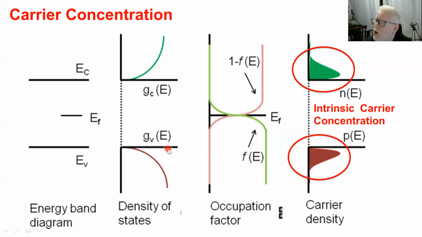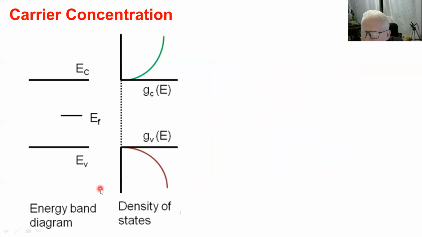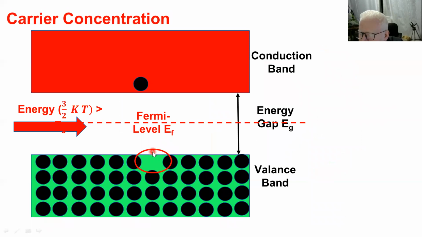Both are carriers. Those carriers are automatically excited from the valency band to the conduction band due to the thermal energy, without any external sources, and we call them the intrinsic carrier concentration. So what is intrinsic carrier concentration? It is simply these electrons that have been excited from the valency band to the conduction band due to the existence of a natural thermal energy of 3/2 kT.